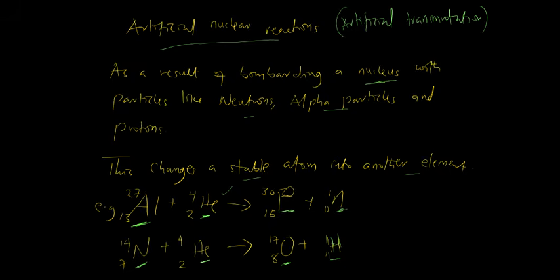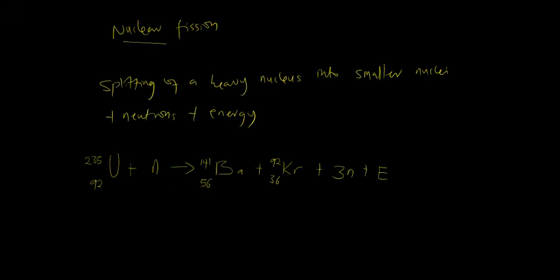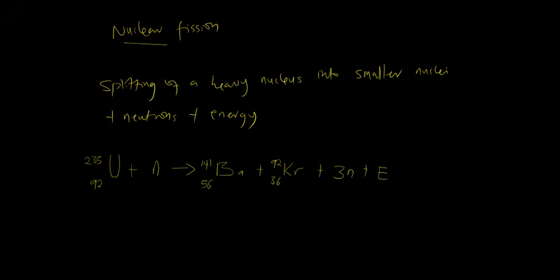Its difference from the previous one, natural radioactivity, is that there the nucleus is naturally unstable, and without bombardment with any radiation it converts from unstable to stable. Artificial transmutation is usually stable, then bombarded with radiation and it gives a different atom, which may be unstable.